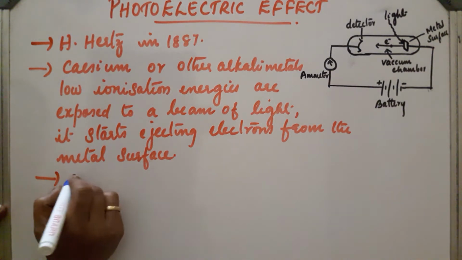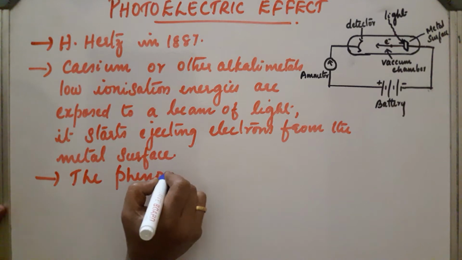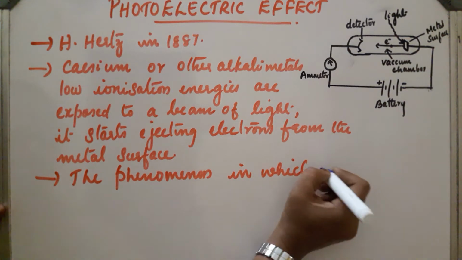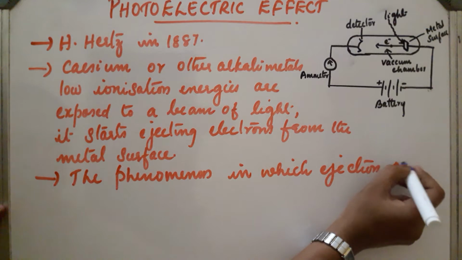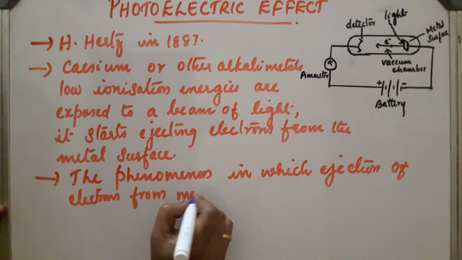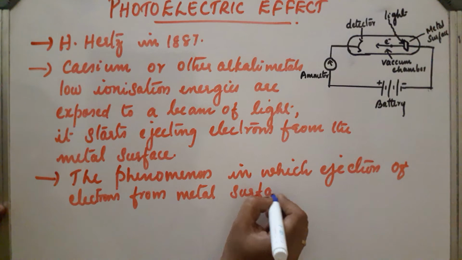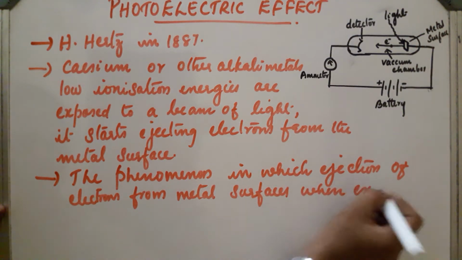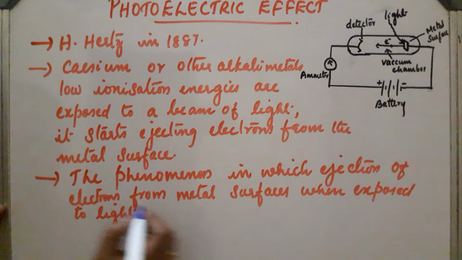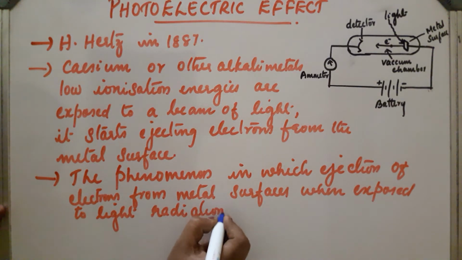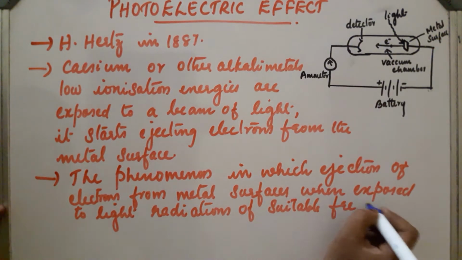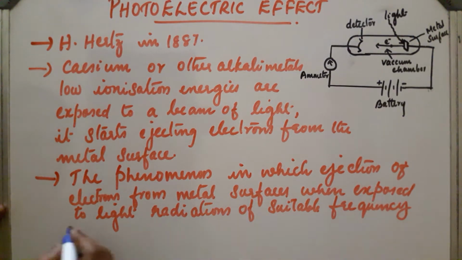It is the phenomenon in which electrons are ejected from metal surfaces when exposed to light radiations of suitable frequency strike on it.